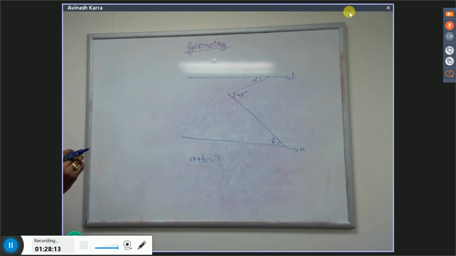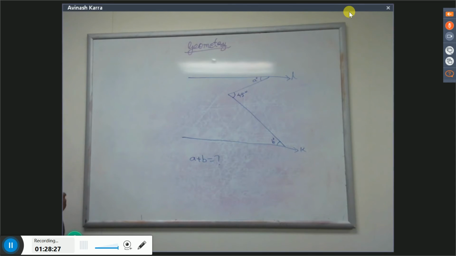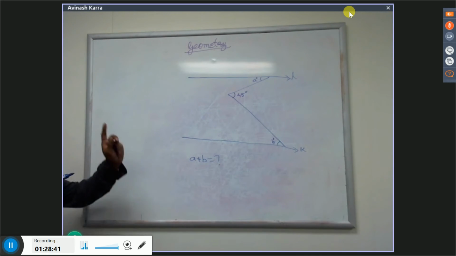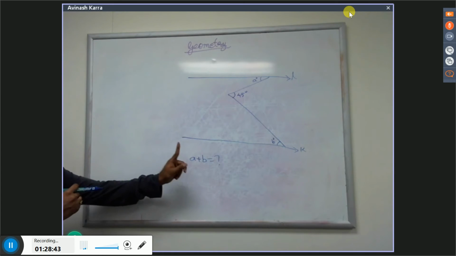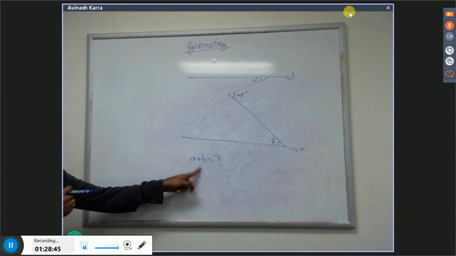The only thing, use some logic, and if there are some manipulations, you can do that, like if you want to extend the line. Remember, he's not asking for the value of A or the value of B. He's asking for A plus B.